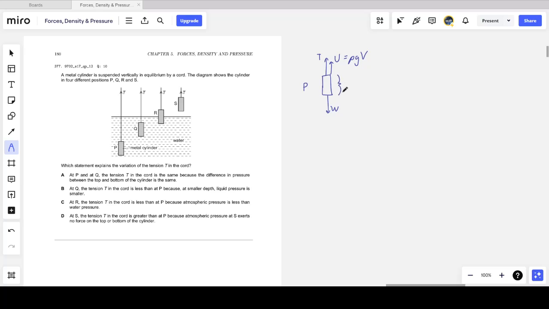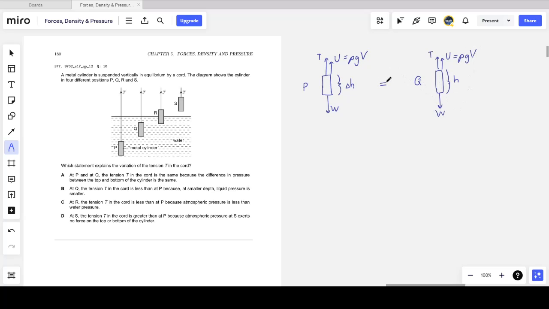The difference in height between the top and the bottom of the cylinder is delta H. If I look at the situation at Q, the center of mass of the cylinder is at a different height, but the difference in heights of the top and bottom surfaces of the cylinder is the same, still delta H. And there's still a tension acting upward and an upthrust acting upward, which is still rho g V, V being the volume of the cylinder, which is still the same.